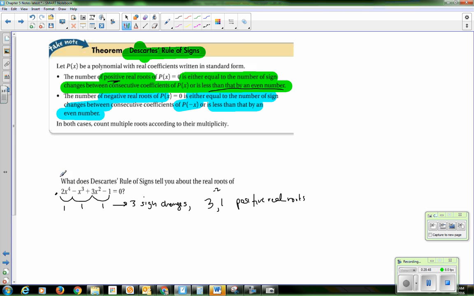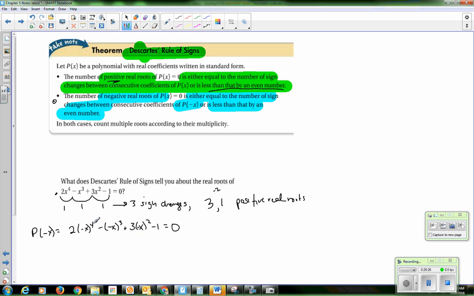So now we're going to test for the negative ones. We're going to take p of negative x, where we take out x and put in negative x. When we do, anything to an even power is going to give you a positive, because you're multiplying a negative times a negative, which is positive, and then another negative times a negative, which is positive.